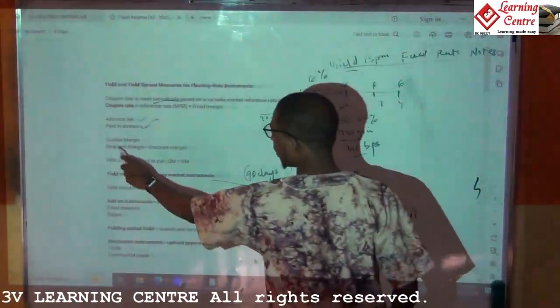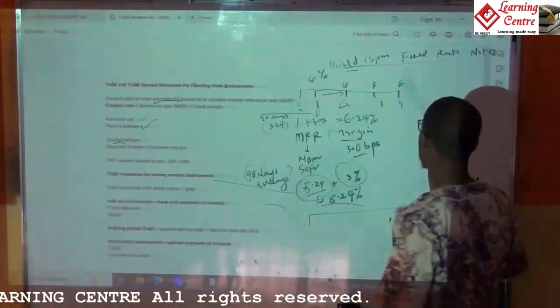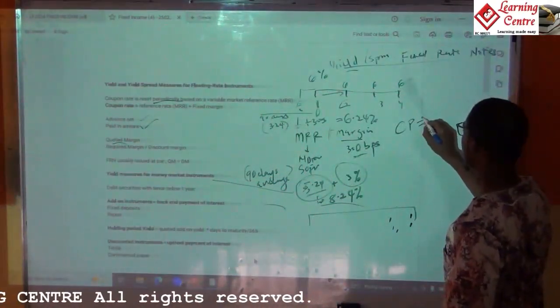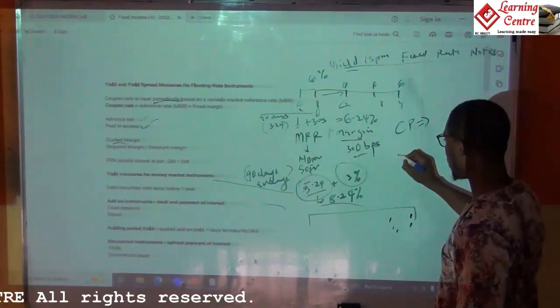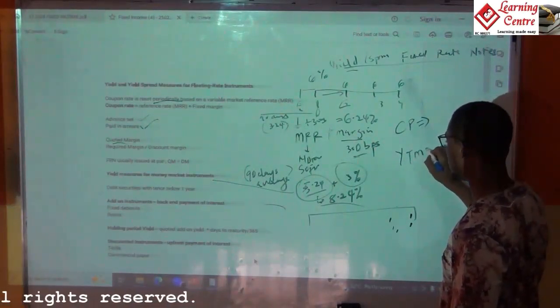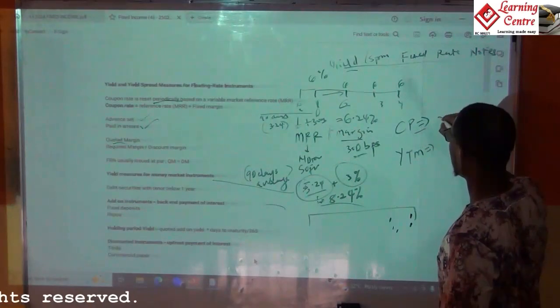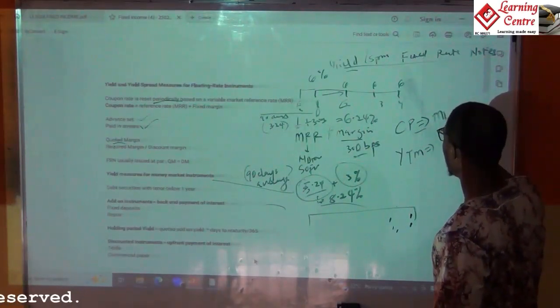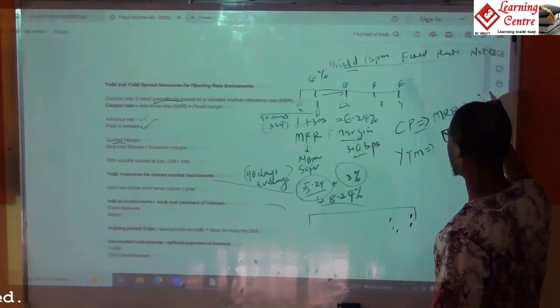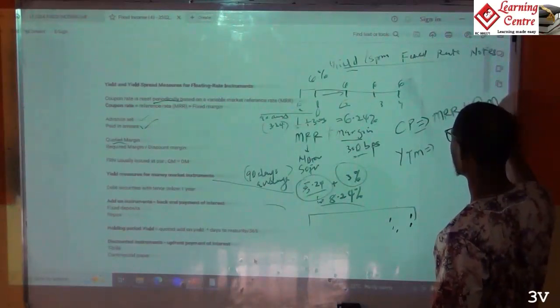So we have the quoted margin. Your coupon, though for every bond calculation we have coupon, we have yield here. Your coupon is set on MRR plus quoted margin.